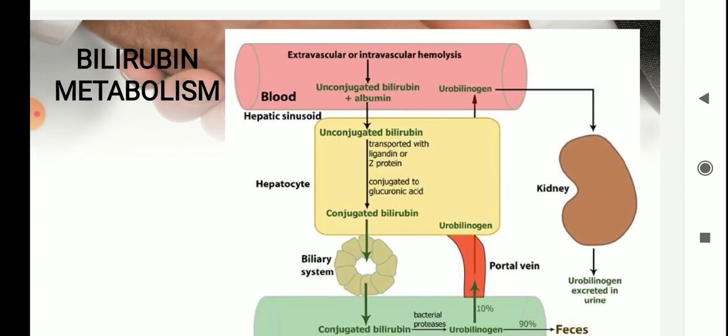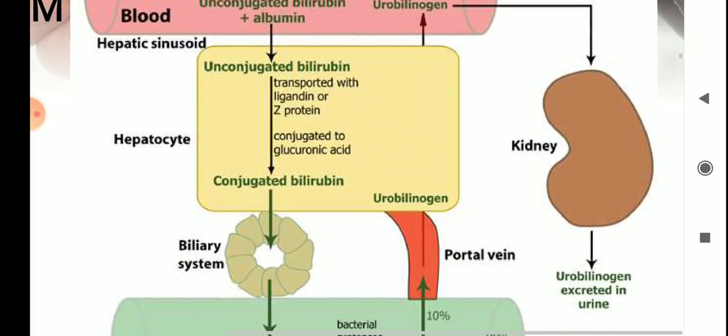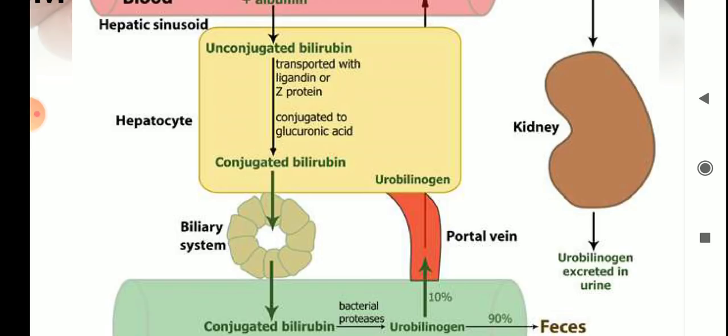This is the bilirubin metabolism chart. With extravascular or intravascular hemolysis, unconjugated bilirubin is transported with albumin, then with ligandin, and conjugated to glucuronic acid, leading to the formation of conjugated bilirubin in the hepatocytes, and then moving on to the biliary system.